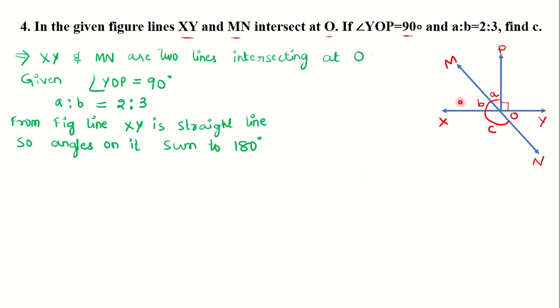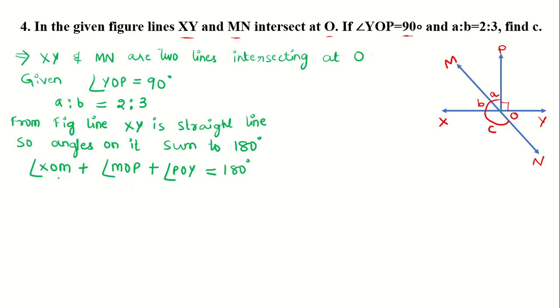Now on the line xy, see how many angles we have. On this line xy, we have one angle as XOM. Other angle is MOP and one more angle that is POY. Write down: angle XOM plus angle MOP plus angle POY. Now these angles sum up to 180 degrees from the property of linear pair of angles.